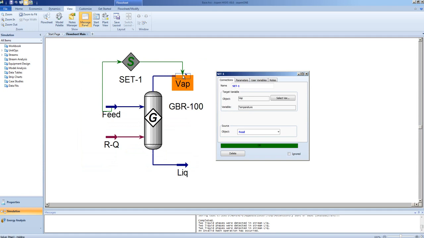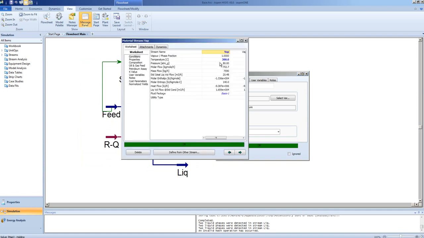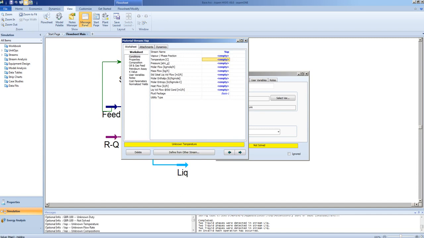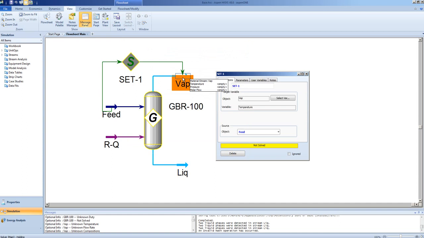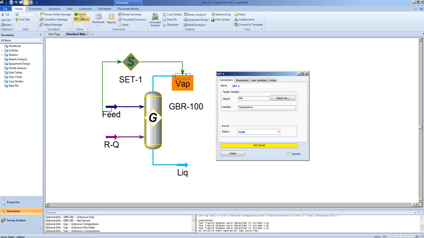To solve this, we clear the information specified for the temperature in the outlet stream, and we now have removed one equation or one known. You go to the home menu and notice your solver is on hold, hence your reactor is not solved.